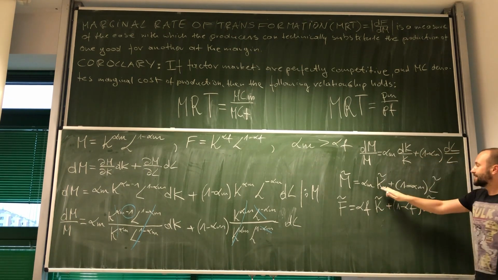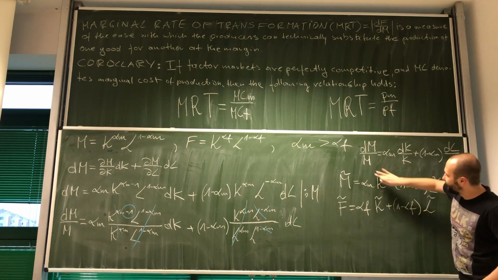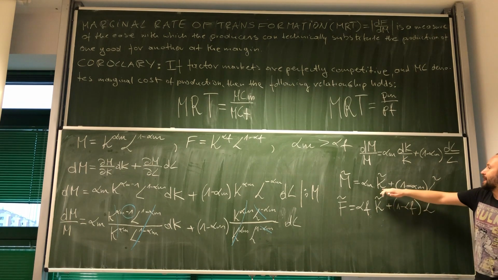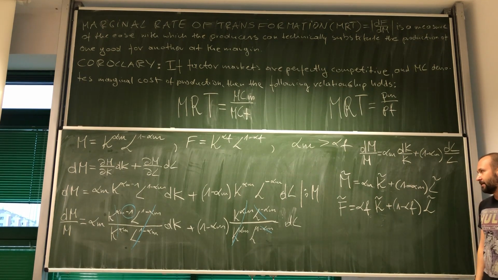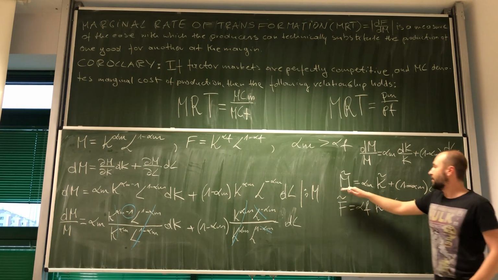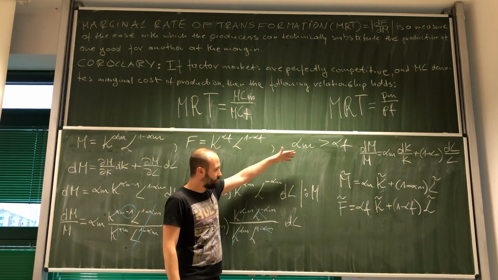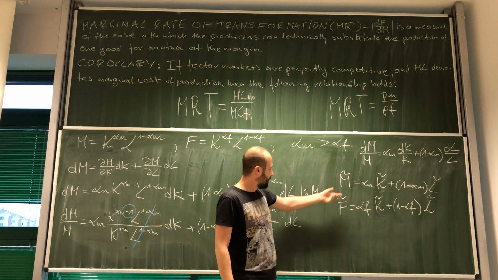So what we get from this is that because alpha m is bigger than alpha f, then when level of capital is increasing by the same amount in our economy, then level of manufacturers must be increasing by more than level of food.